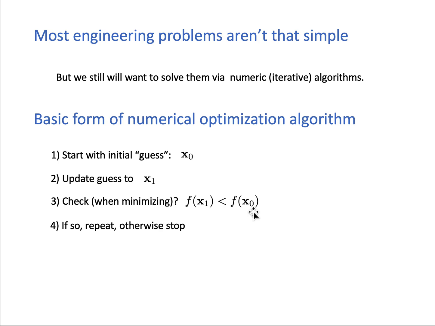So in a broad sense, these algorithms address the same problem. So step 3, going back to what we're talking about, we check whether the new guess is better than the old guess, and if so, we repeat. We keep improving. Right? So that's the general strategy for pretty much any numerical iterative optimization method.